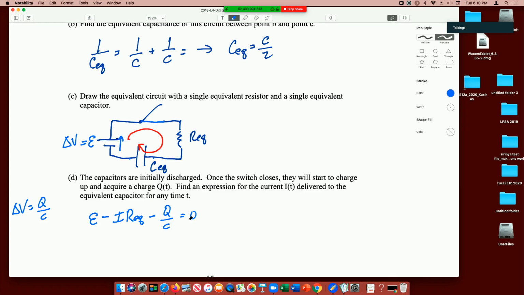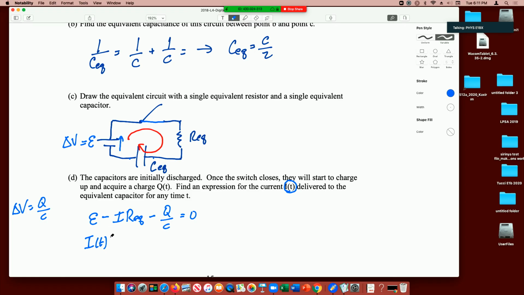Now I can just manipulate this equation. What's the goal? The goal is to find an expression for current as a function of time, as the capacitor charges up. I want to be able to know, at any given time, how much charge is on the capacitor. So I need a current function of time.